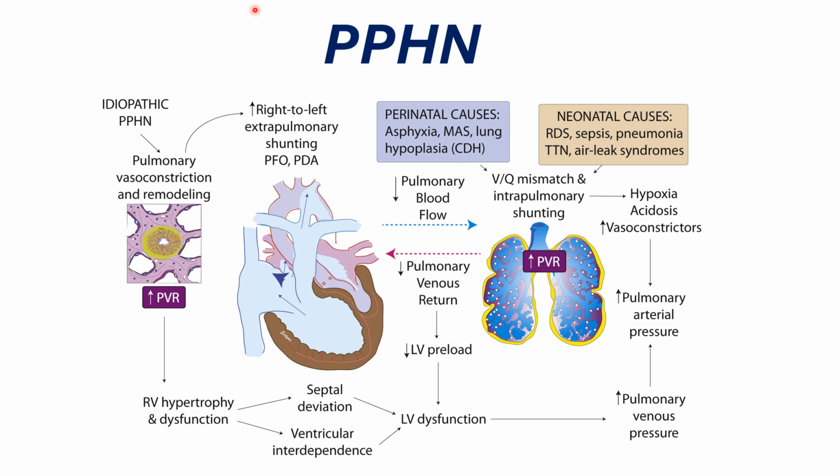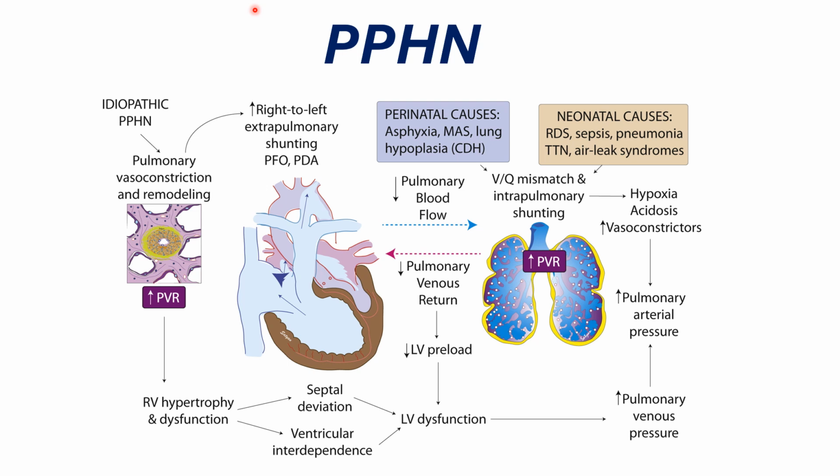So, in fetal life, as I mentioned previously, the pulmonary vascular resistance, the PVR, is pretty high, and only 10% of blood flows to the lungs. Oxygenated blood from the placenta bypasses the lungs via the foramen ovale and ductus arteriosus.